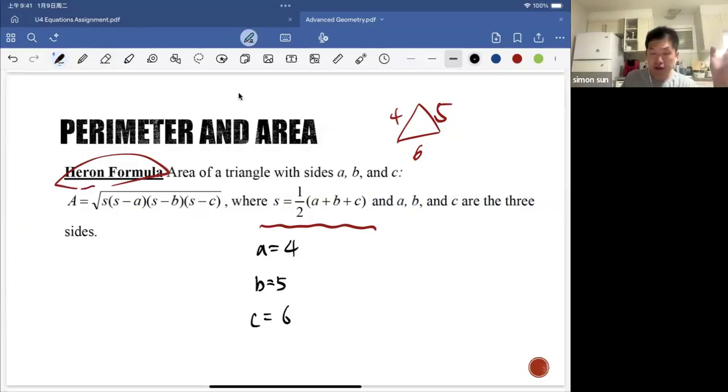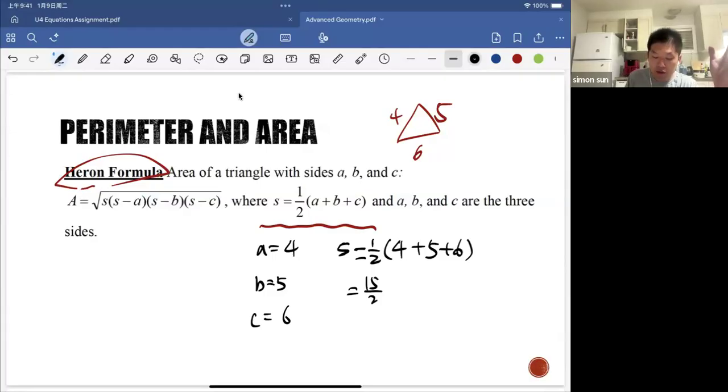That's the length of the three sides. Now S will be equal to 1 over 2 times 4 plus 5 plus 6. And 4 plus 5 plus 6 is 15, right? 15 over 2. That's the S.